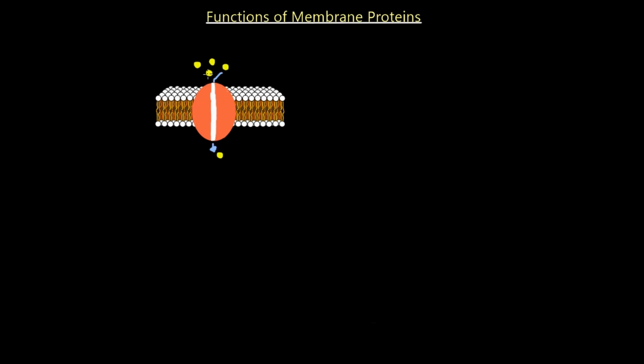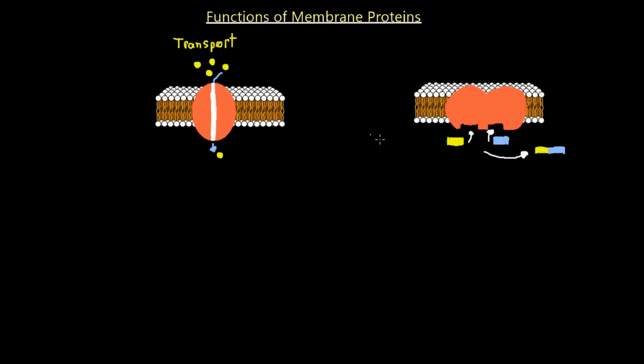I did my best drawing a protein. There are molecules that exist outside the membrane, and what the proteins do is they basically allow these molecules to come in and fit through the membrane to come inside the cell, and that would be the transport function. Transport.